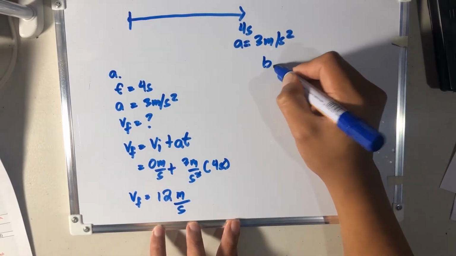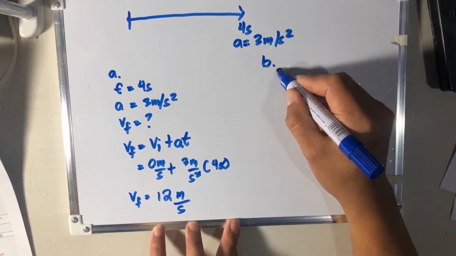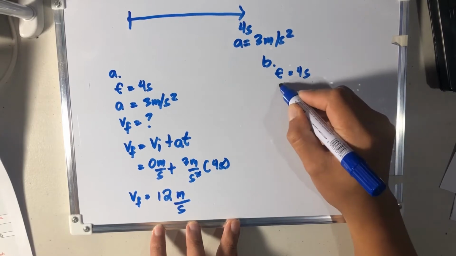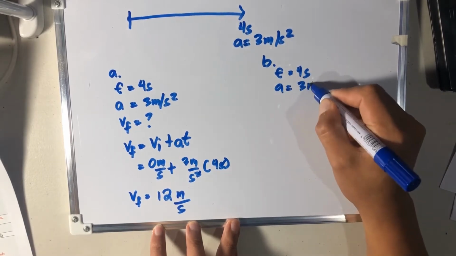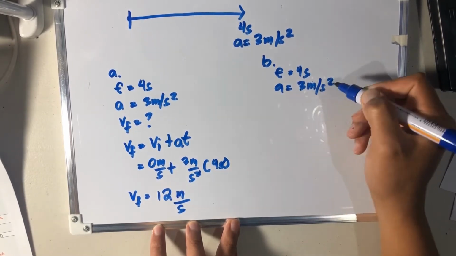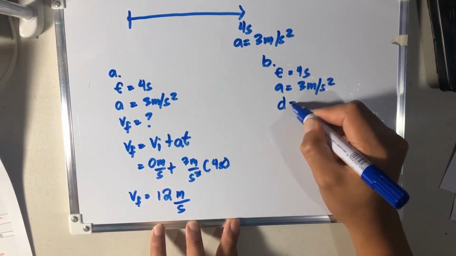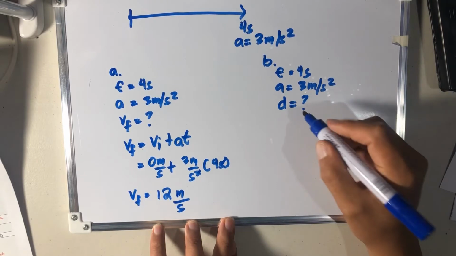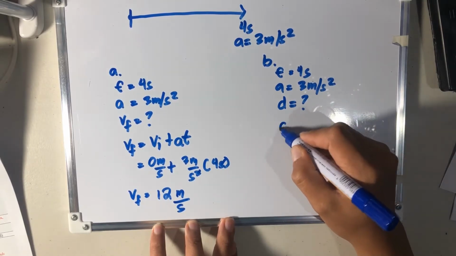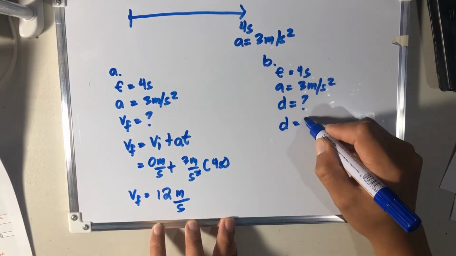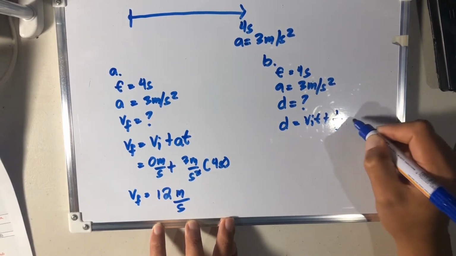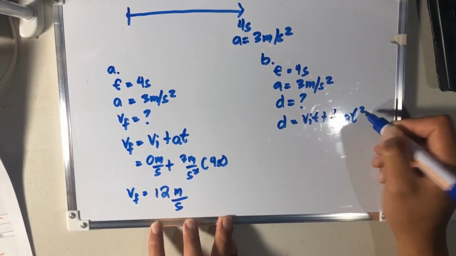Then for letter B, we still have the same givens, which is time is equal to 4 seconds. Acceleration is 3 meters per second squared. However, we are looking for the displacement after 4 seconds. So the formula will be d is equal to vi t plus 1/2 a t squared.